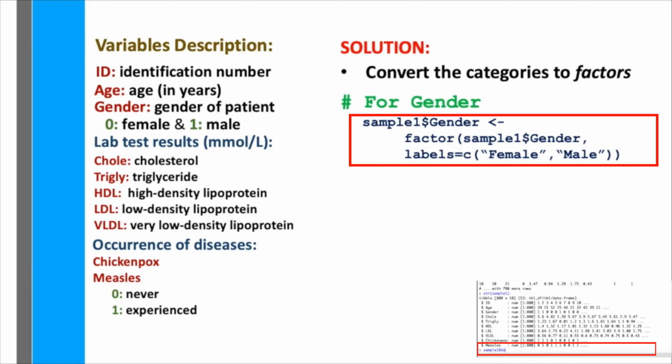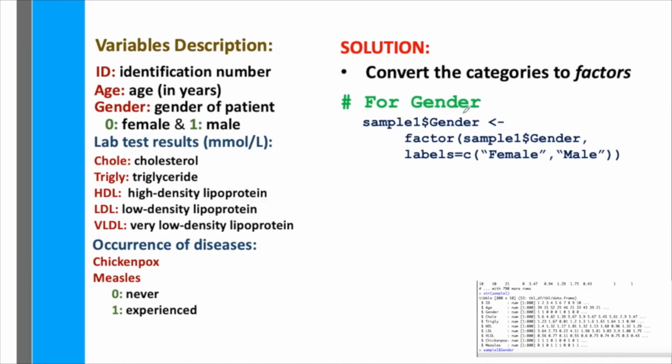Now what does this indicate? Now this shows that the variable gender, which is in the file, which is sample1, will be converted to a factor, meaning to a categorical variable of the same data and the same variable, and using the labels female and male.